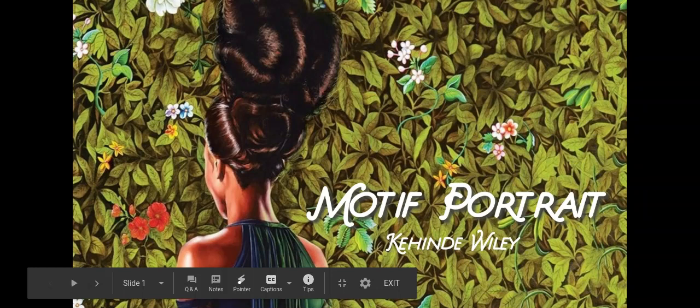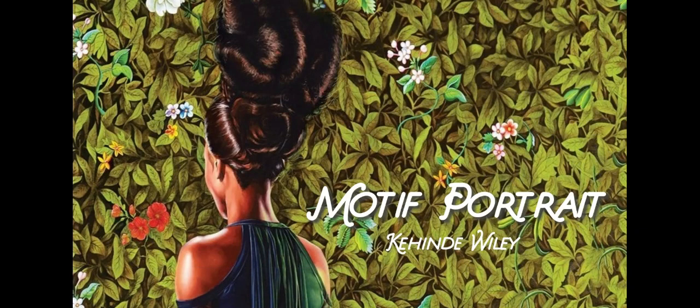All right, so we are going to be talking about our next painting project, which is called our Motif Portrait. And our artist of inspiration is actually a contemporary, current day artist named Kehinde Wiley. The two things that we're really going to be focusing on are the terms motif and portrait, and how we are going to be tying those two together.